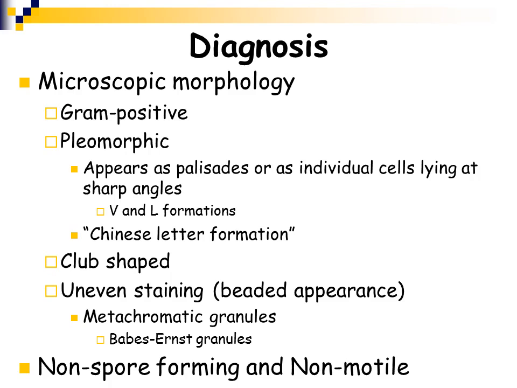There can be V formations and L formations, and depending on what textbook you read, the diphtheroids are commonly referred to as having a Chinese letter formation because they form these right angles and group together and look almost like you're reading Chinese letters.